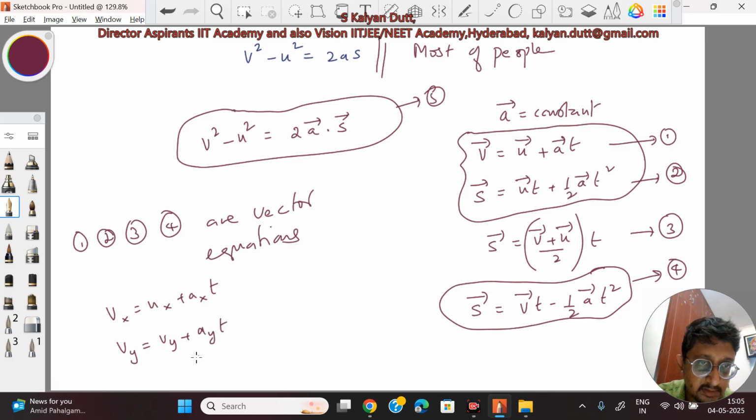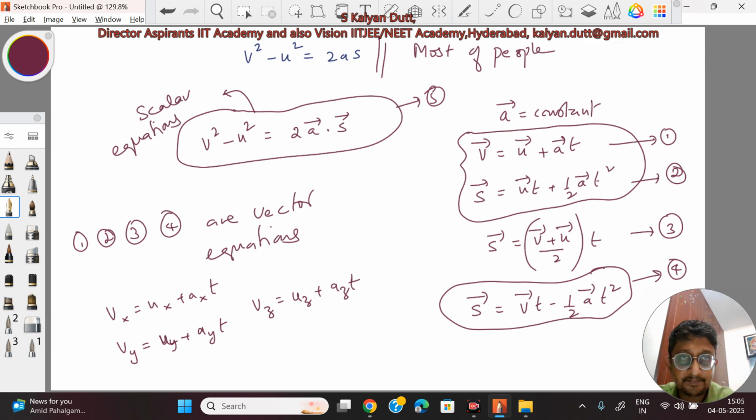So one vector equation is equal to 3 scalar equations along x, y, z directions. But this 5th equation is not a vector equation, rather it is a scalar equation. You cannot split this into components, at least from here.